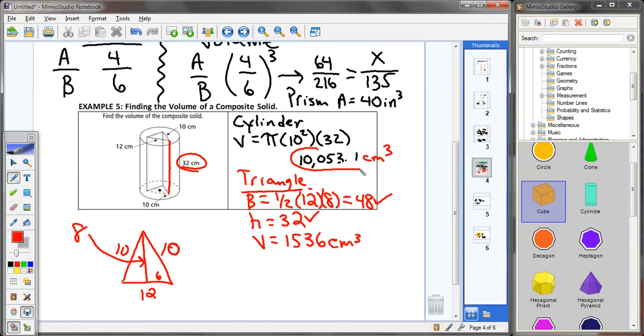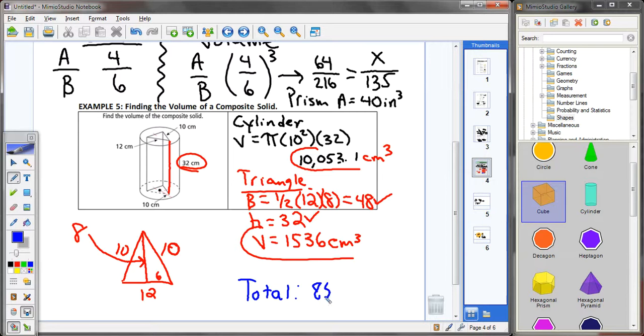And we're taking out how much here, kids? Okay, so what's our total volume then when we're done? How you gonna find that? Yeah, you would do 10,053.1 minus 1,536.